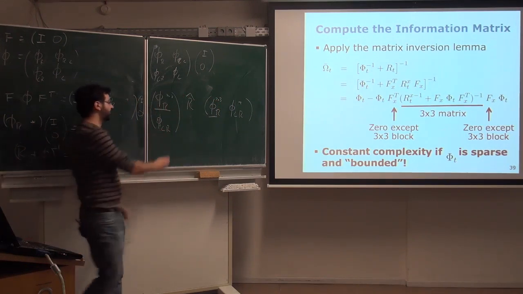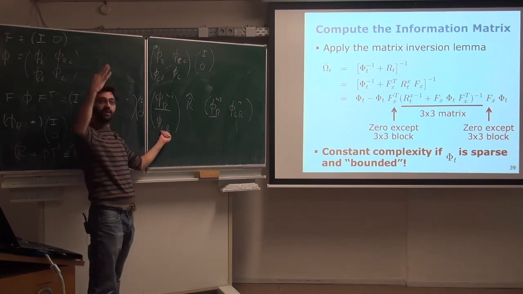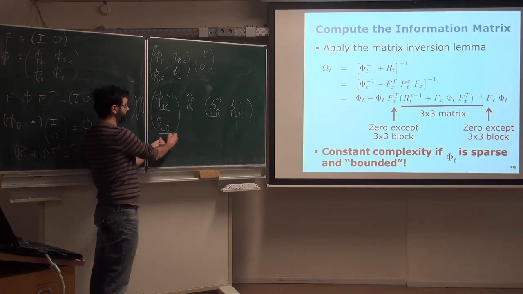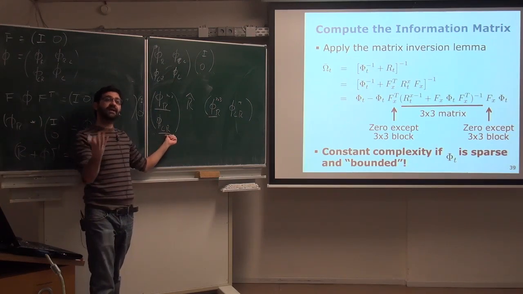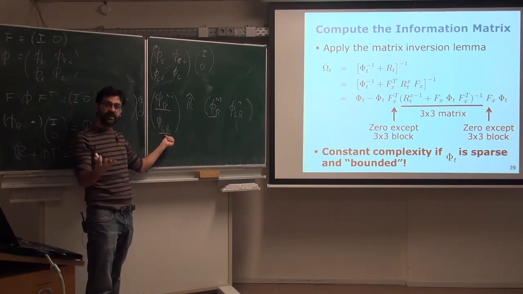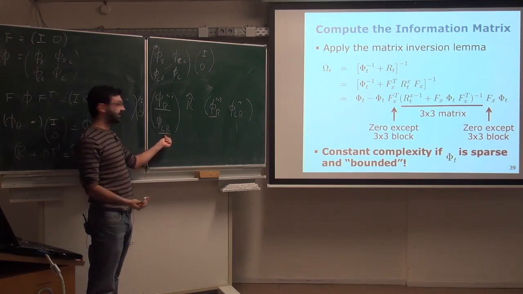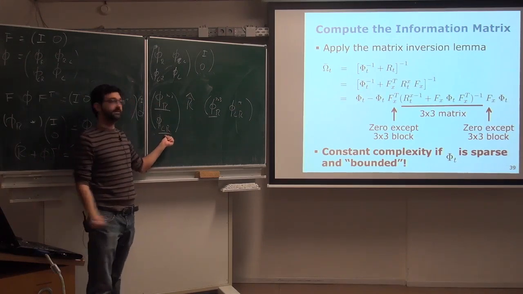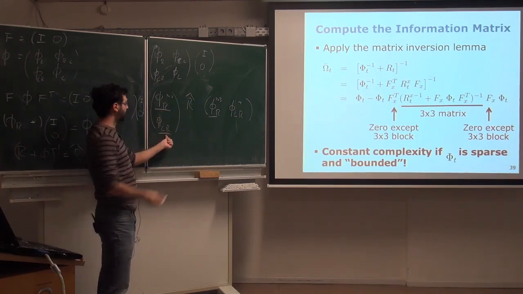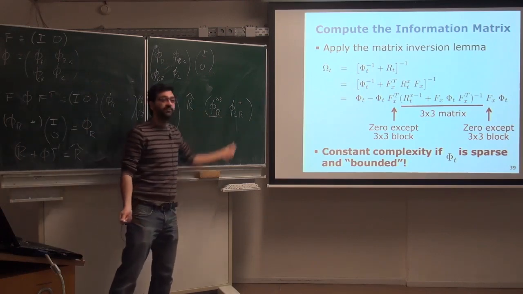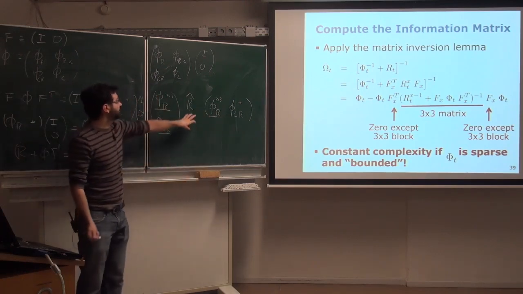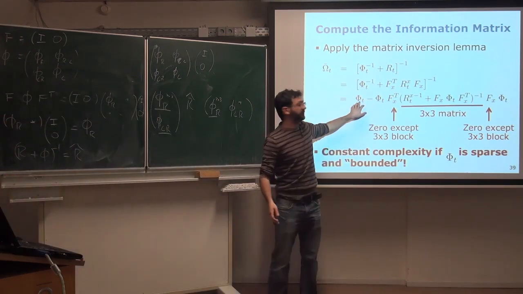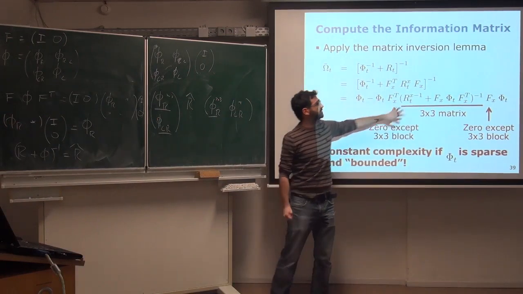And normally, this part here, phi LR, is the off-diagonal part of our information matrix. If this one is bounded, so if the number of active landmarks is actually constant every time, then we can say that this whole multiplication is constant, no? Because we have constant here, times constant, times constant, times constant. And then we need to take this and sum it up in here, which basically means we have a constant number of elements here.